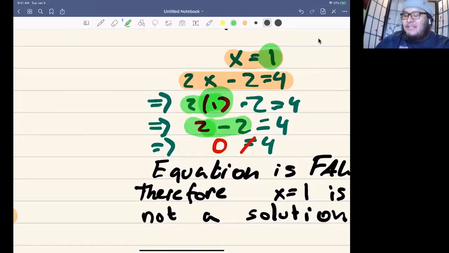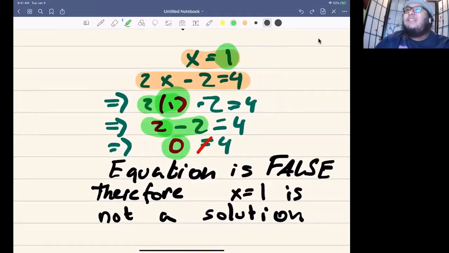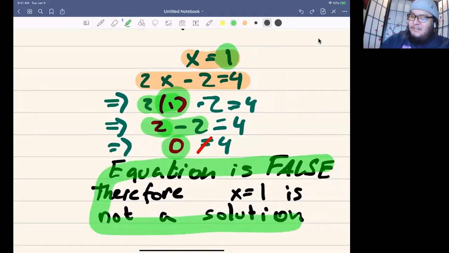What's 2 minus 2? That's 0. Does 0 equal 4? No, that's a false statement. That's why we put a slash through the equal sign, because that is not a true statement. Here we would say that the equation is false. Therefore, x equals 1 is not a solution. And you can see that I wrote that down right over here.